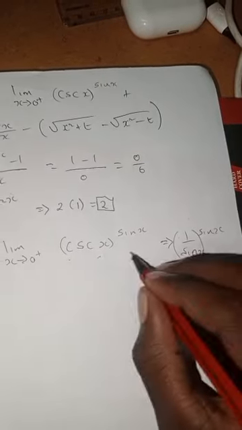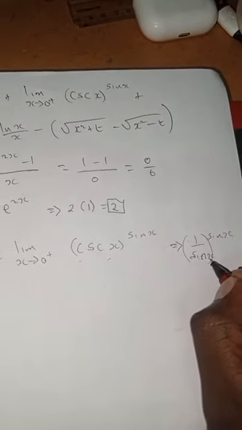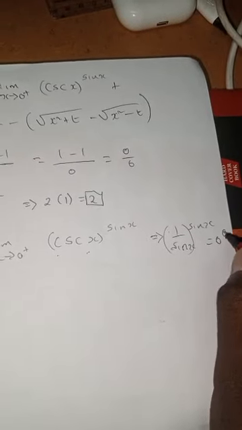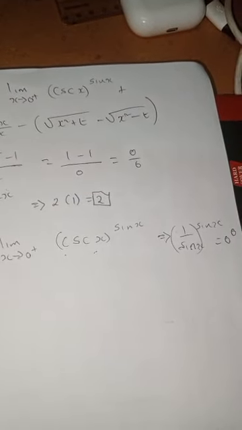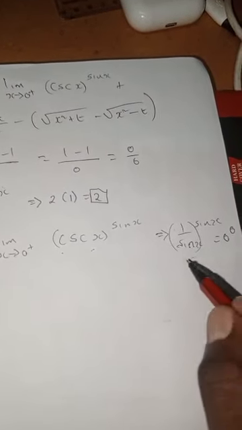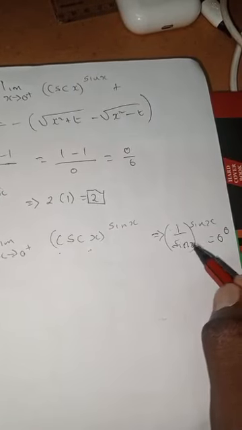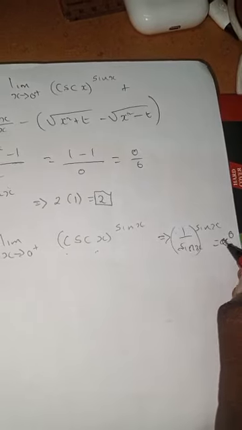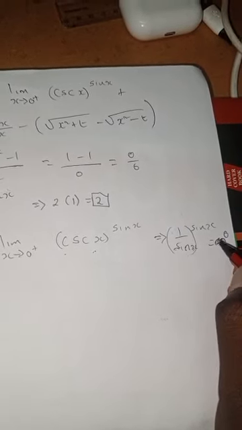Now if we plug in 0 where there is x, we end up having 1 to the power 0. No, this would be infinite, because 1 over 0 is infinite, so you have infinite to the power 0. Of which this one also shows that you should use L'Hopital's rule.